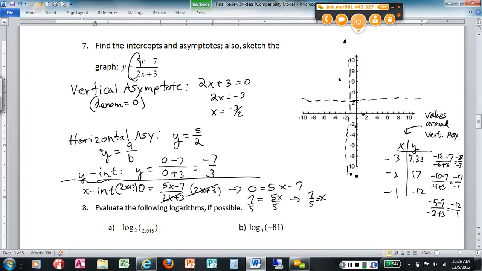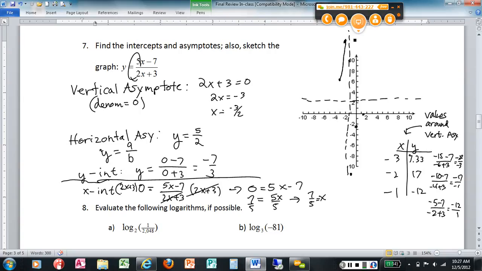Because remember, what happened on these rational functions is the vertical asymptote divides the graph up into two parts. Well, on the left part of the graph, if I connect these two, remember the graph either goes upwards towards your vertical asymptote or downwards.